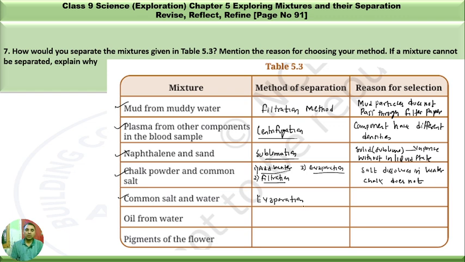With the heat of the sun, the water present on the surface will change into water vapor in a slow process, and salt particles will remain there. So that's why this method is applicable. Water evaporates, that's why this method is more applicable if the mixture is common salt in water.